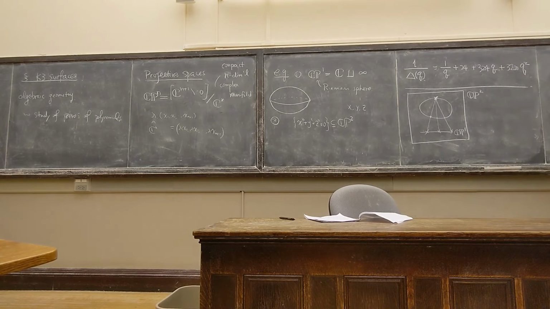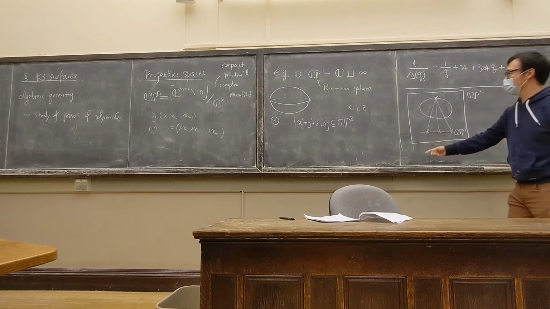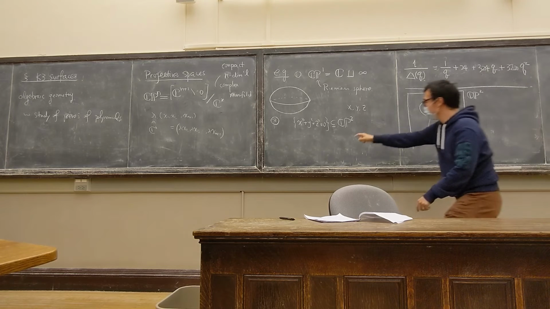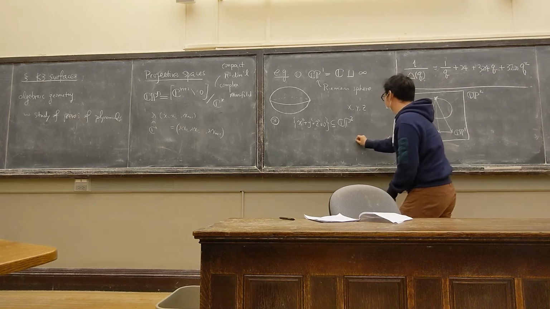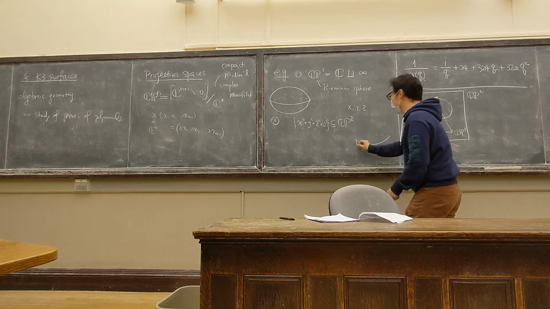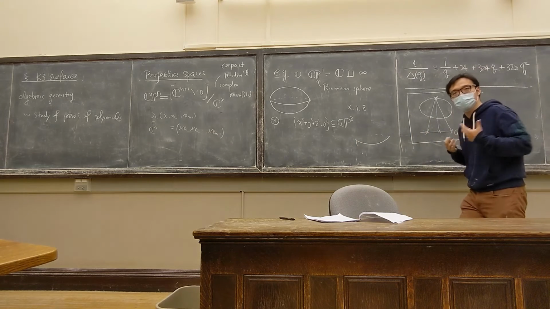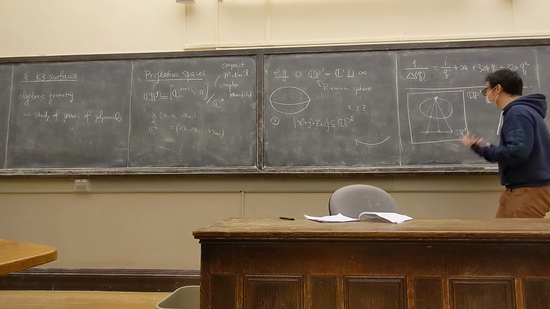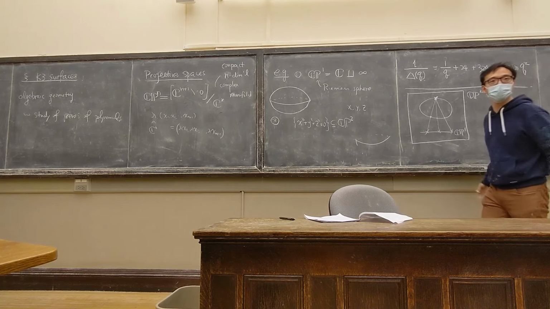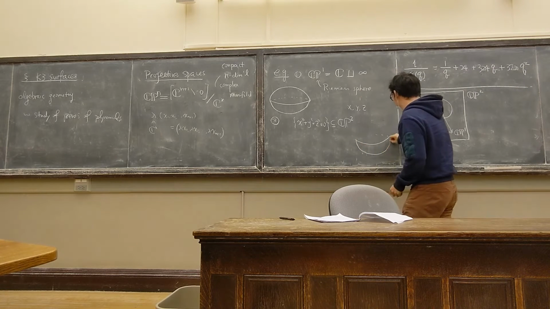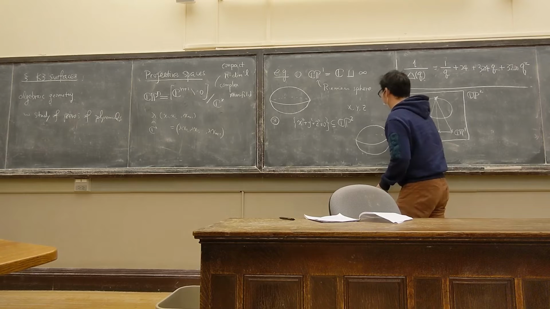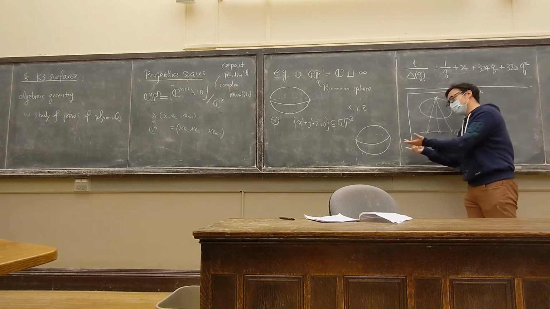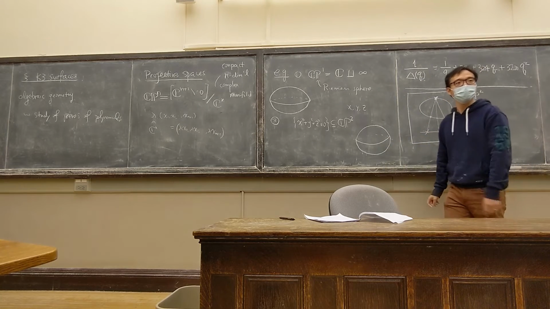So in short, the picture of this one is also a sphere, although it's embedded in a more twisted way inside CP2. So this is again a topological picture of the space.